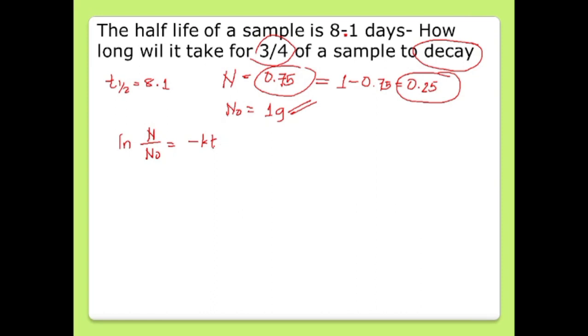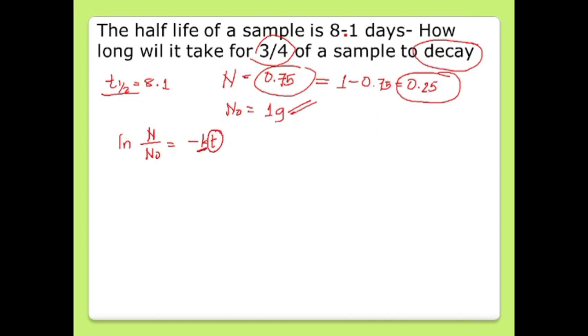But then, take note guys, na ang tinatanong sa atin is, how long will it take? So, etong time ang tinatanong sa atin dito. Given na tayo ng half-life, pero hindi natin alam kung ano yung decay constant natin. Ito yung tinatanong sa atin pero hindi natin alam kung ano itong value ng k natin.